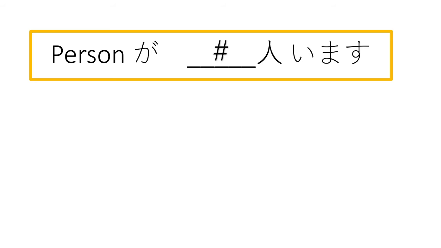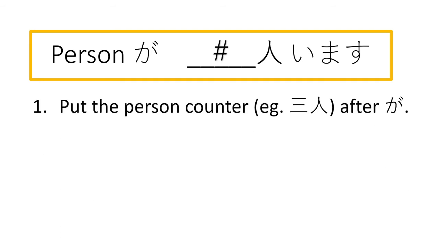Now this is the equation we want to use to formulate sentences using the counter for people. So here we have some notes to remember. Put the person counter, e.g. sannin, after the particle ga.